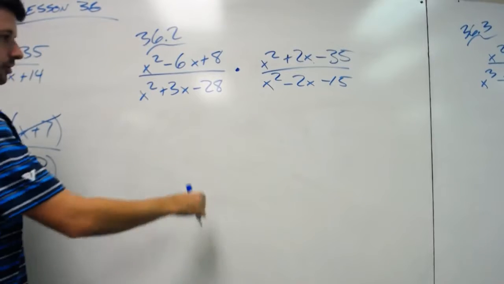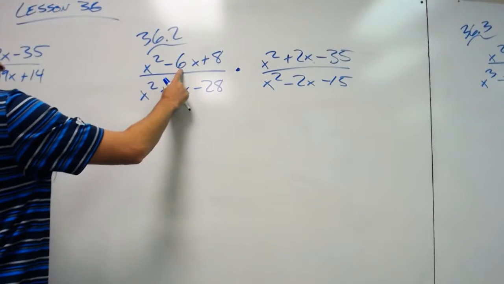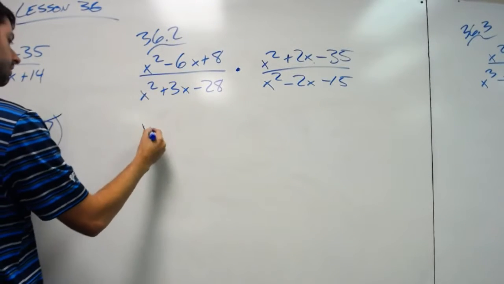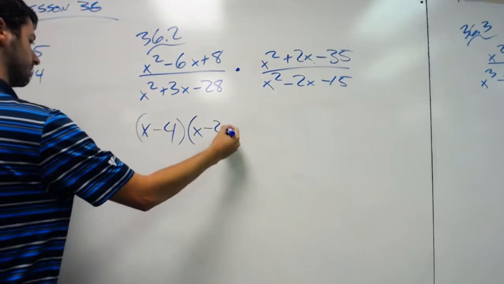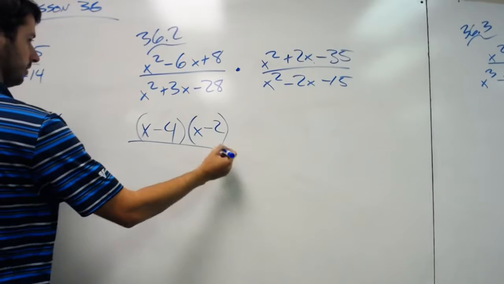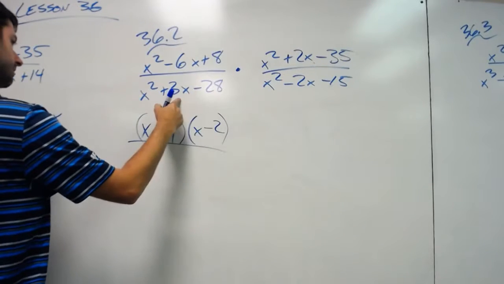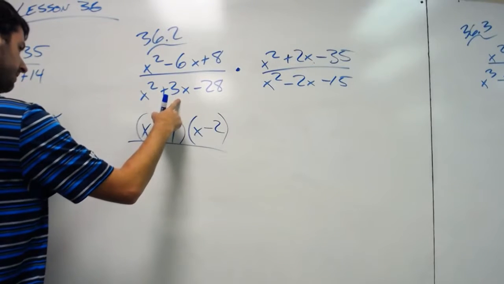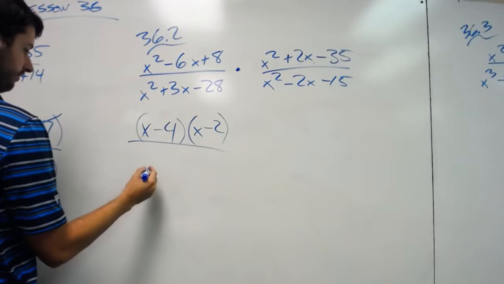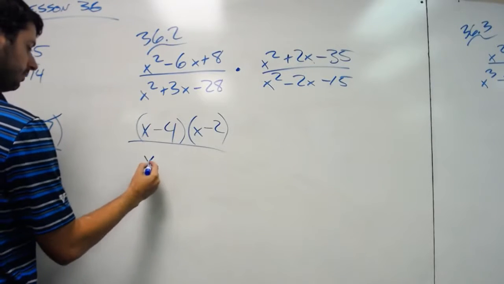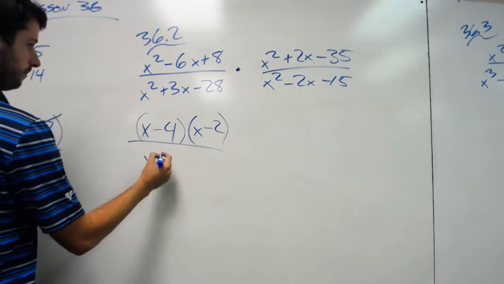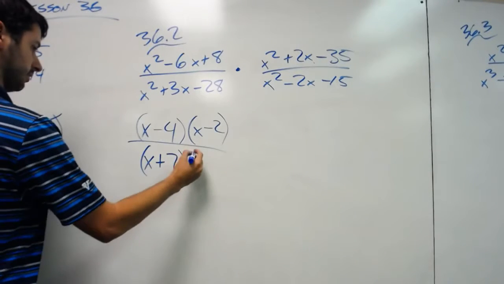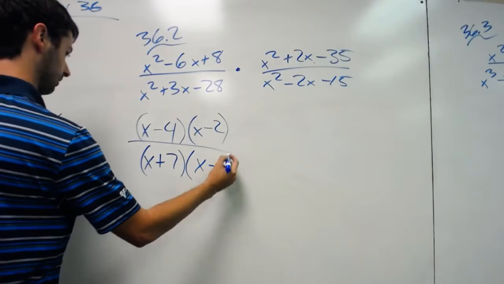Okay, and now we just start factoring. What multiplies to be positive 8 and adds up to be negative 6? That would be x minus 4 times x minus 2. What multiplies to be negative 28 and adds up to be positive 3? Factors of 28, we go x, what would that be? Plus 7, x minus 4.